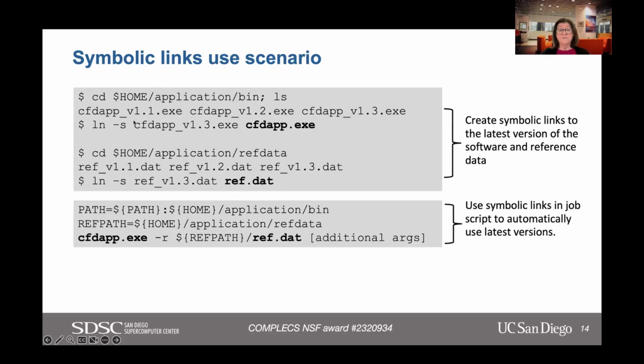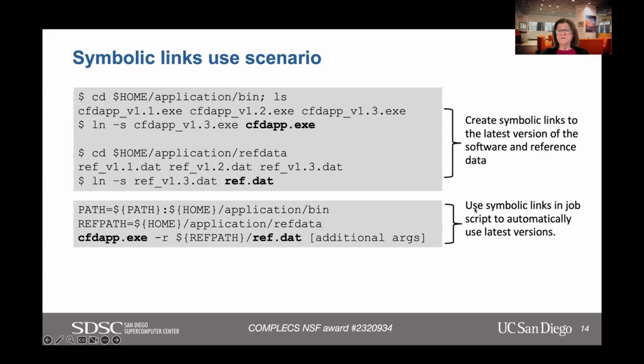And what we did was we made a soft link to the most current version, which in this example is v1.3, and we call it cfdapp.exe. And then we go into some folder where we have reference data, and it's the same thing: reference v1.1, v1.2, v1.3, and we have ref.dat point to the most recent reference data.